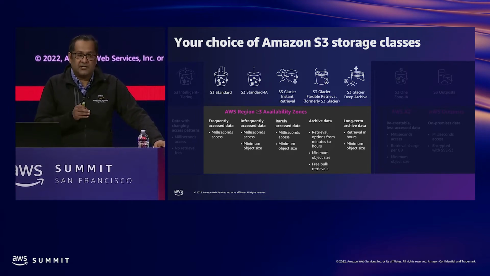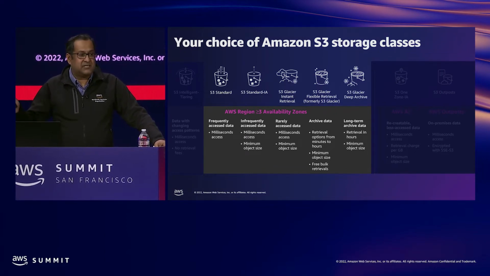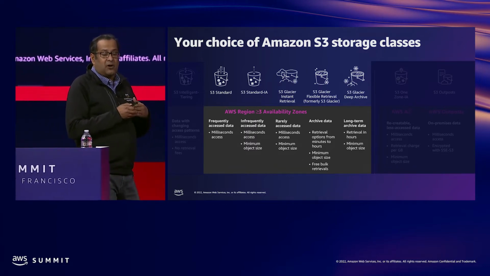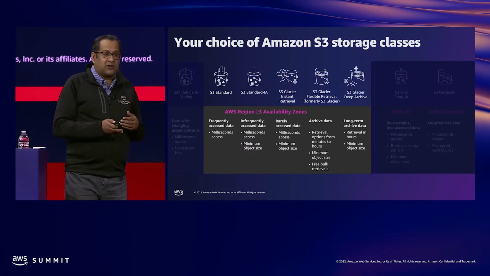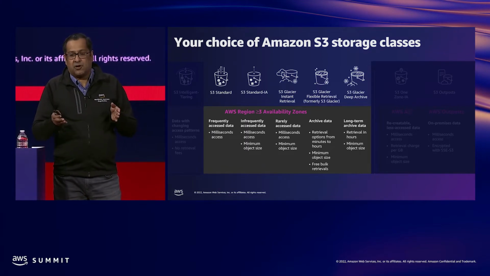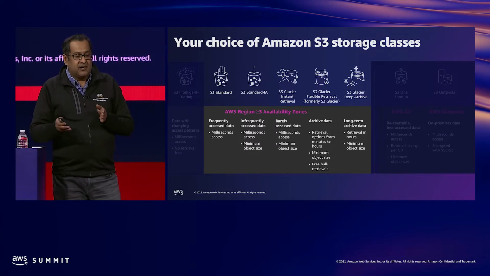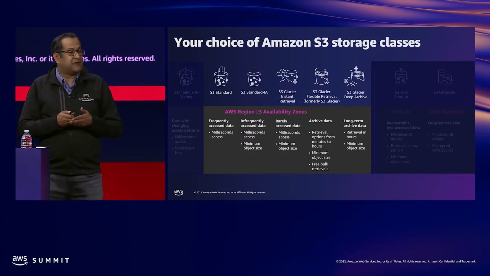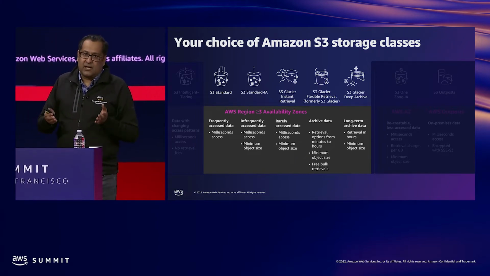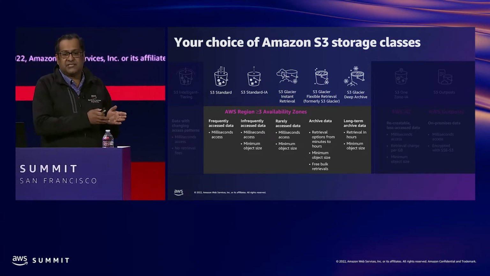All of these storage classes have 11 nines of durability, high availability, and data is stored redundantly in 3 or more availability zones, okay? Now, all of them have millisecond access, as I said. But if you've got archival data that does not require that millisecond access, then we have 2 additional storage classes with a lower cost. The first one is S3 Glacier Flexible Retrieval, and that can give you access to your data in minutes to hours.